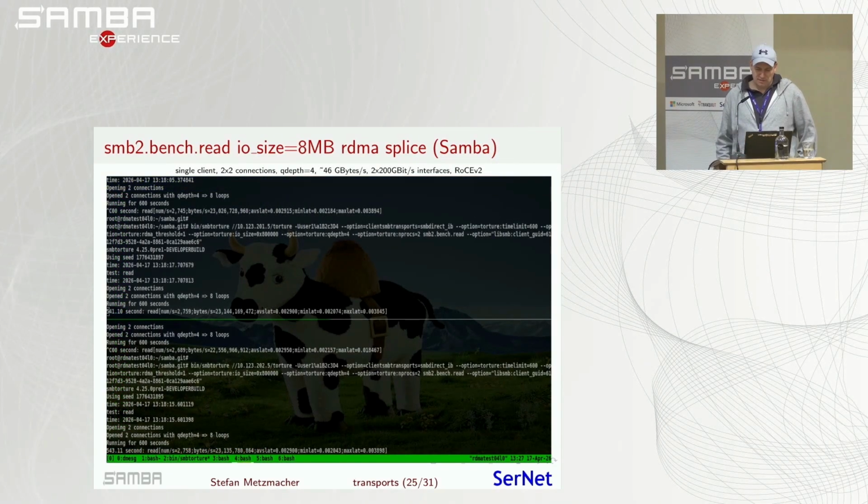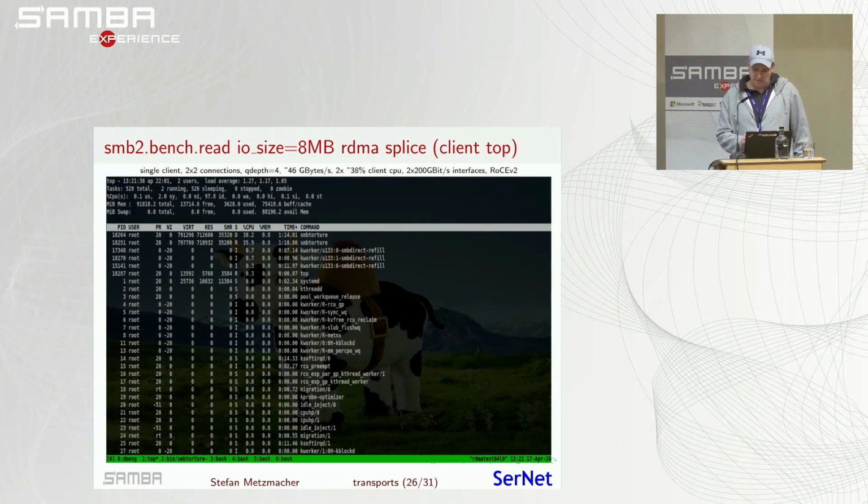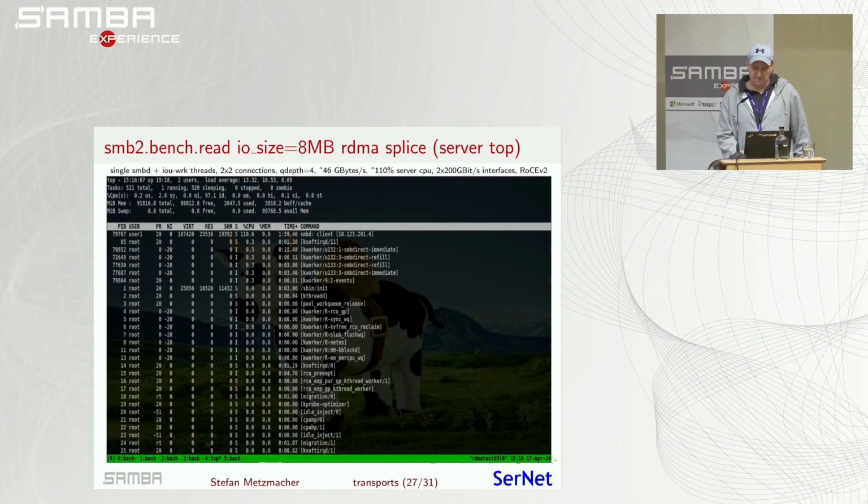Then we have the same for Samba with 8 megabyte IO size. Then we get the same performance out of it, but use fewer connections. And the SMB torture commands use way less CPU, and also on the server side we just use 110% CPU, so a little more than 1 CPU.